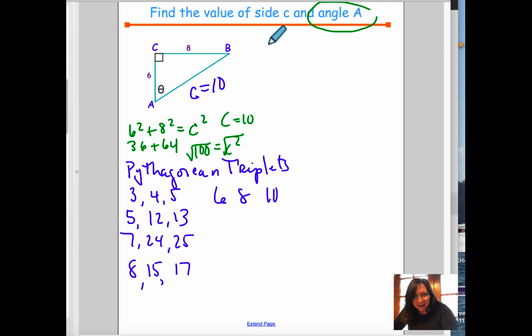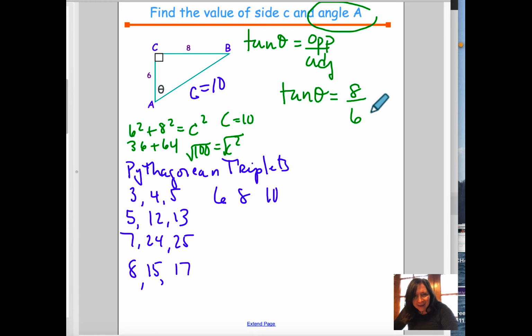You have 23.96. That's my angle measurement. Because I rounded, though, I am going to change my equal sign to an approximate value. So that's going to be about 23.96 degrees.